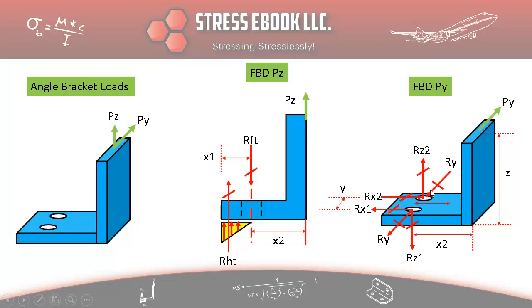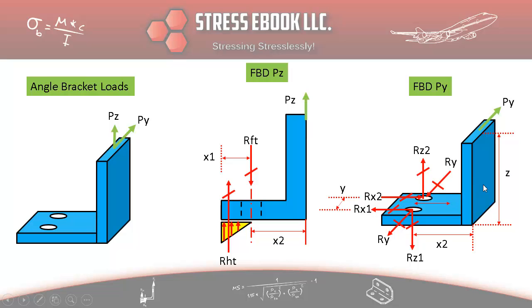First thing obviously you'll notice is you have the RY at the two fasteners, which is equal, and that's a direct reaction of PY. And then you also have the RX1 and the RX2 in the X direction, and you might be wondering how in the heck would that happen. Well, if you have read my blog post on shear clips, then you will know what this is all about.